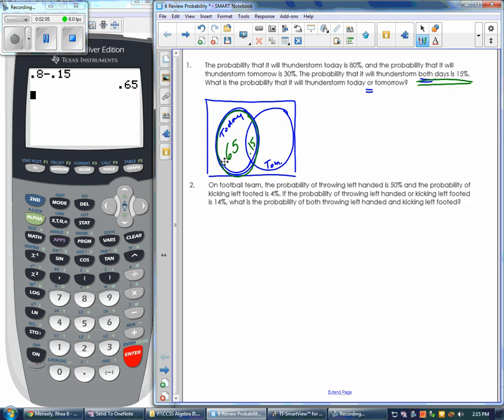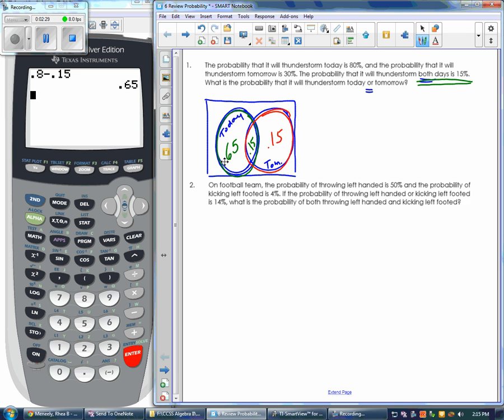And I have to do the same thing with the likelihood of a thunderstorm tomorrow. We know that the probability is 30%, so 30% needs to be the total for this whole circle. I know that 15% of the time it rains both days, so I need to subtract away that 15%, and that means that it's going to rain tomorrow and not today 15% of the time.